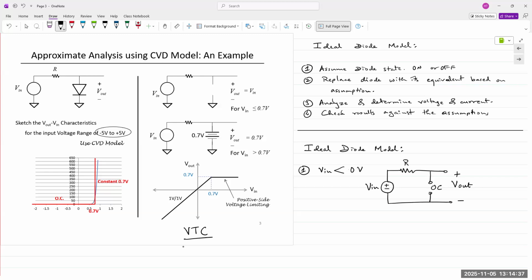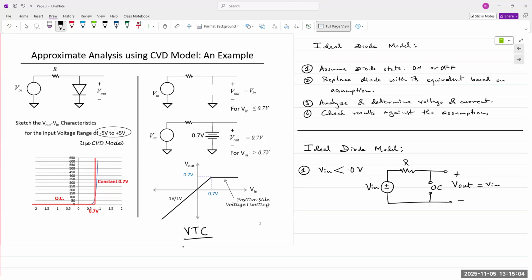Nothing is happening right now because it's an open circuit, and we are simply measuring the voltage between the terminals. The multimeter has infinite or very high resistance, so there's no current flowing in the circuit, meaning the voltage that we obtain at the output is exactly the same as the input voltage. So V out would be equal to V in.